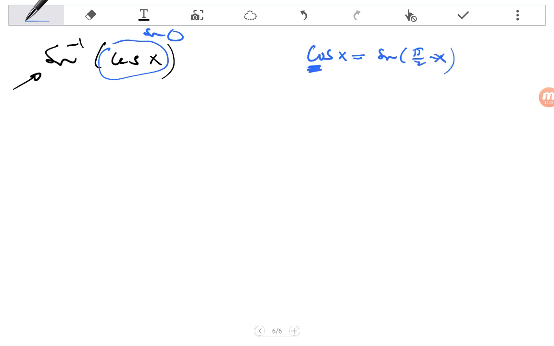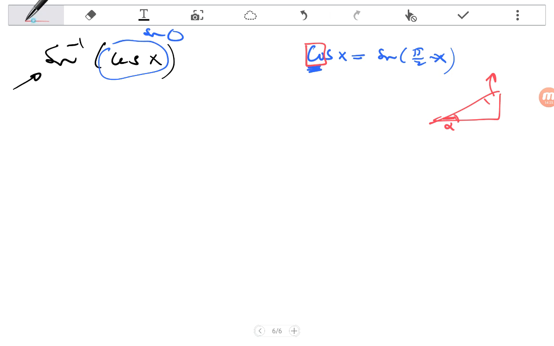The "co" is an abbreviation of the complement of the angle. What is the complement of the angle? If I have this angle alpha, the complement is the angle which completes it to be 90 degrees.